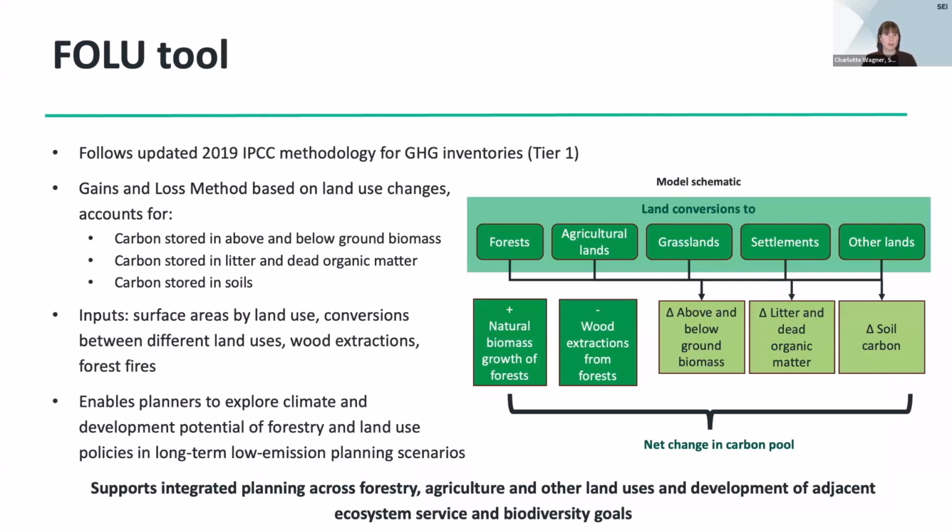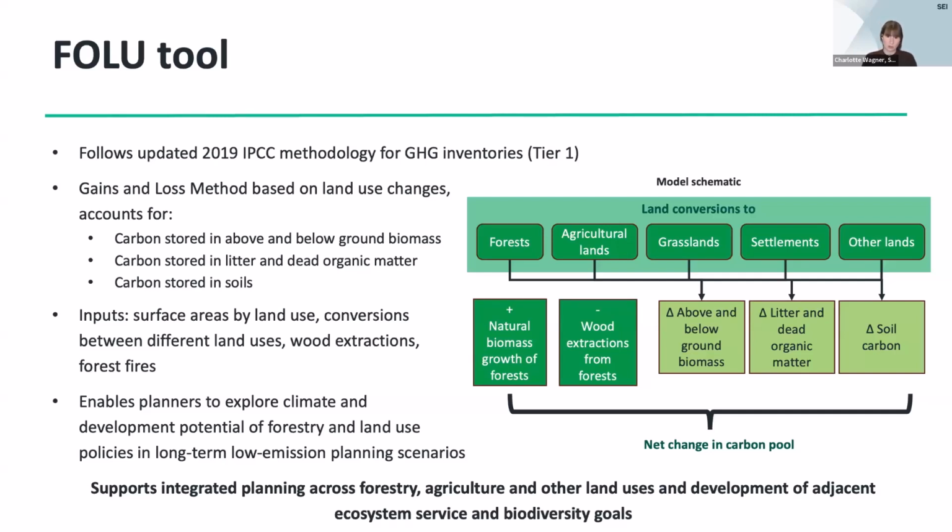The FOLU tool follows the updated 2019 IPCC methodology for GHG inventories. And it uses the tier 1 gains and loss method, which is based on land use changes and requires relatively little data.